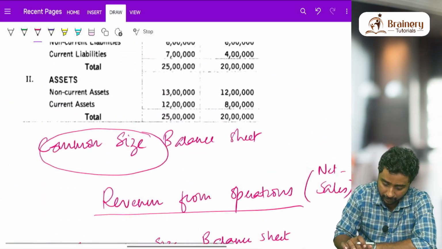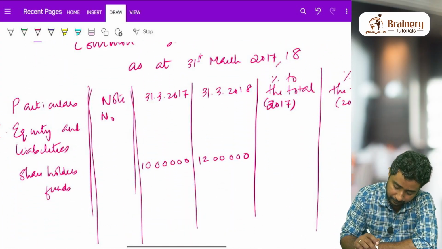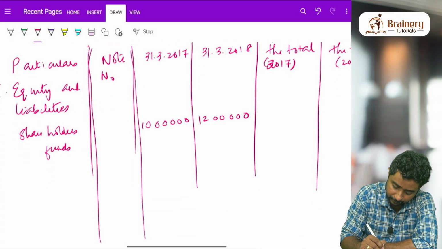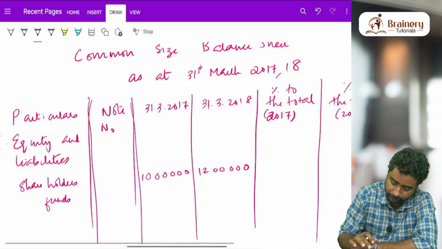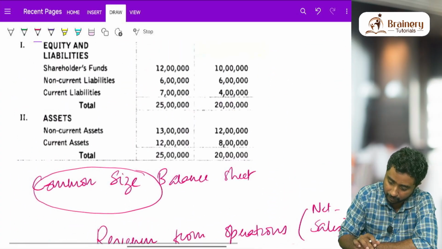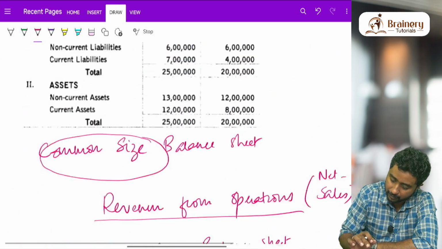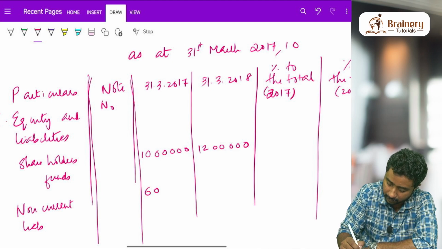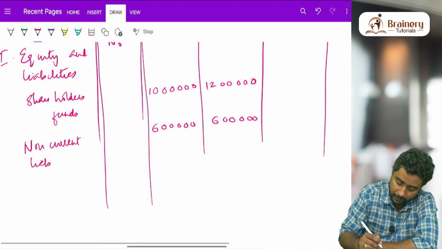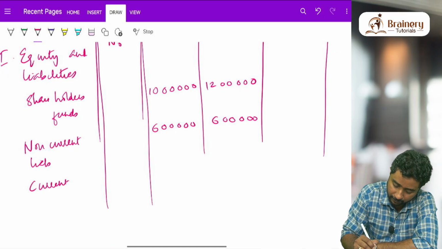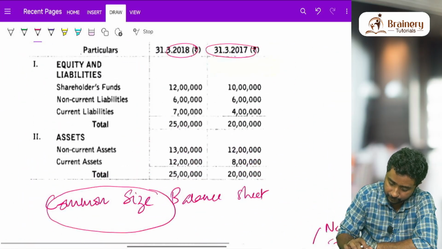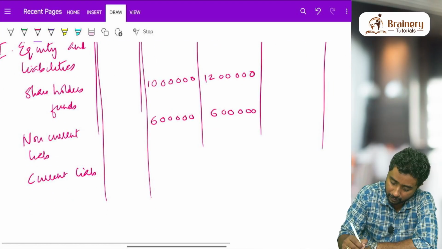Okay. Next, sorry, after that non-current liabilities is there. Amount is 6 lakh each. So I'm recording that 6 lakh here. Current liabilities is also there, 7 lakh, 4 lakhs.